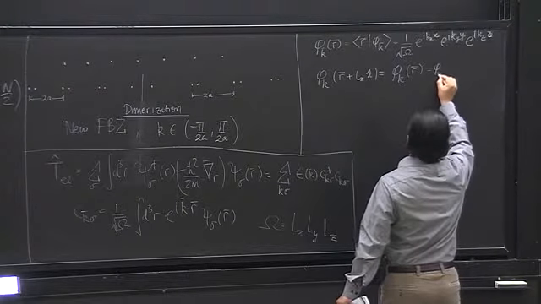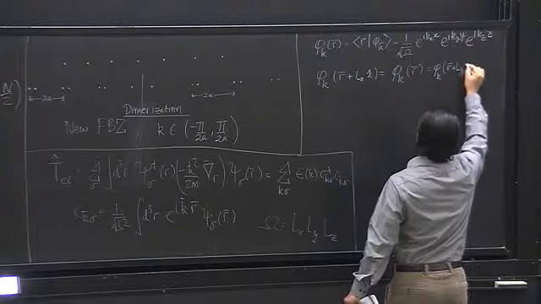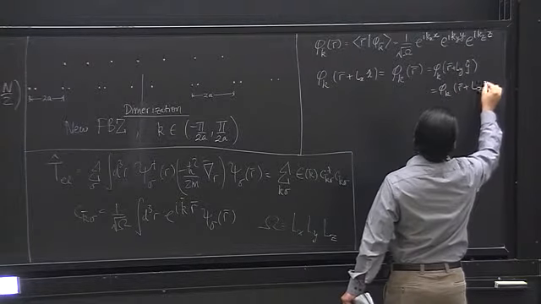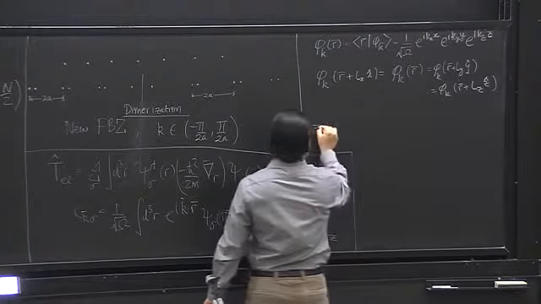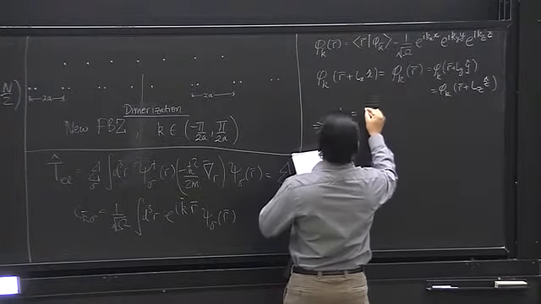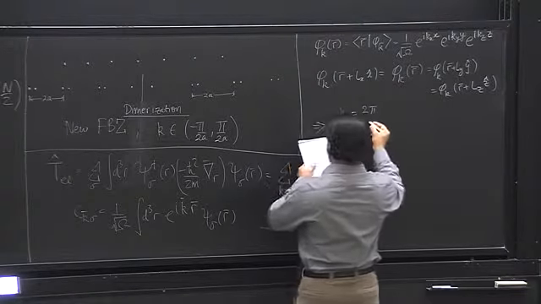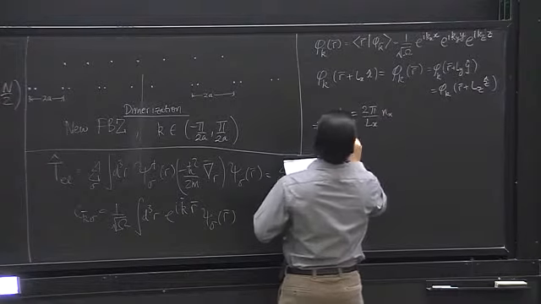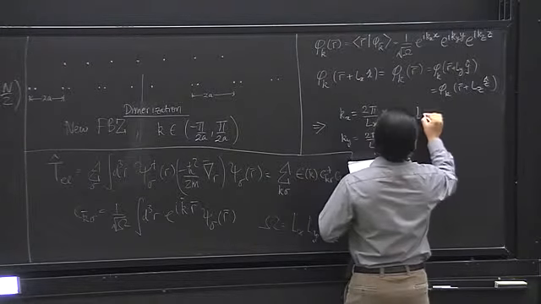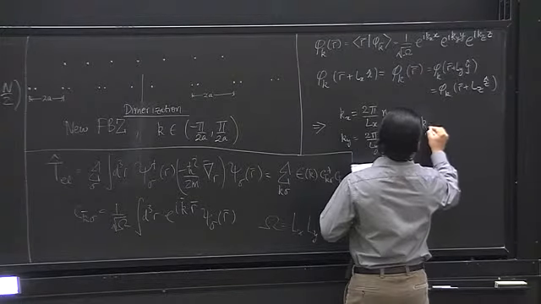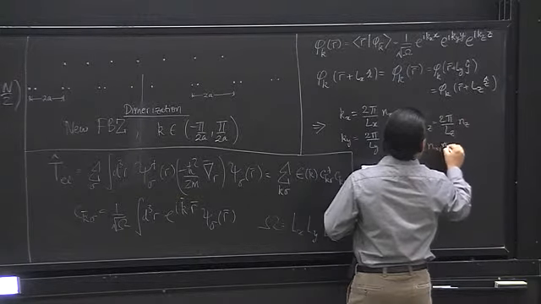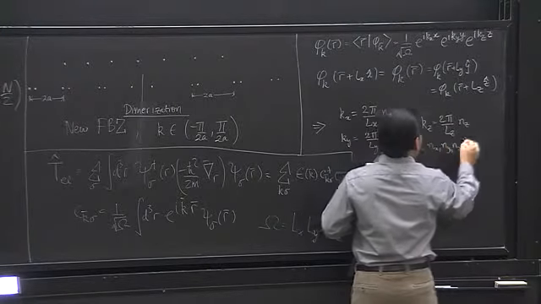Similarly in y and z. Imposing these periodic boundary conditions, kx must be 2 pi over Lx times an integer, and similarly for ky and kz. These are some integer numbers.